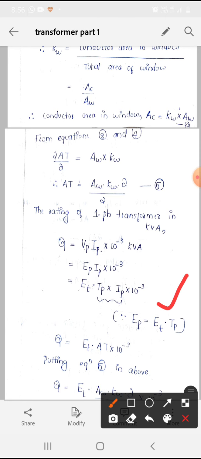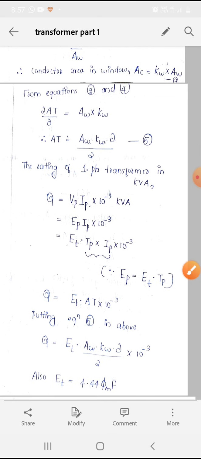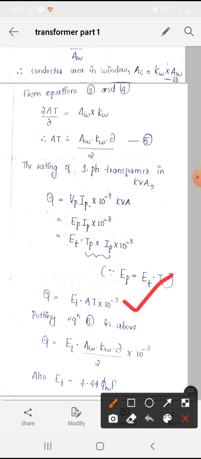So, we are substituting this in here. So, we will get ET into TP into IP into 10 raised to minus 3. Okay. Now, this TP into IP, that is turns into current, is always ampere turn. So, ET AT into 10 raised to minus 3.